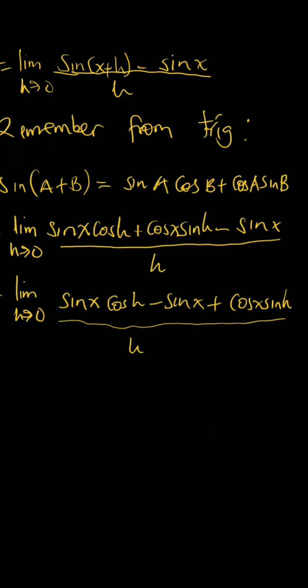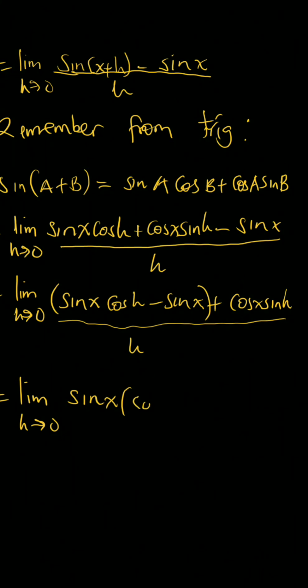Okay, so what we now obtain is limit as h approaches 0. You can simply put this under parentheses. So we're going to factorize the sine x. So sine x factorized will simply give us sin x, then we write our parentheses.